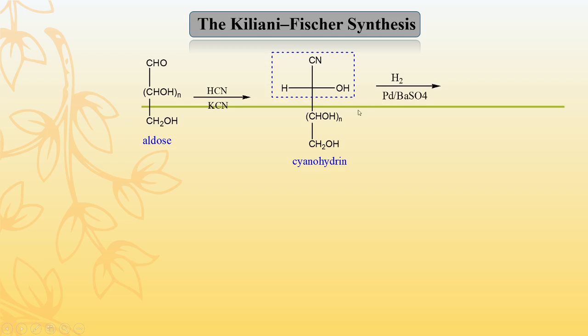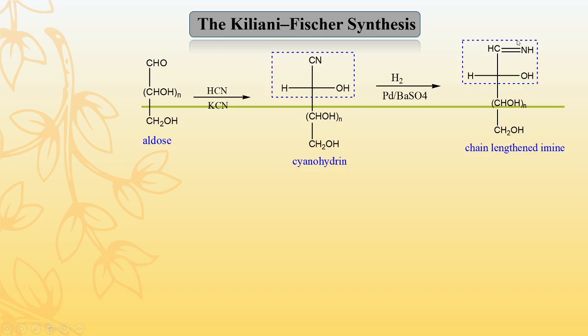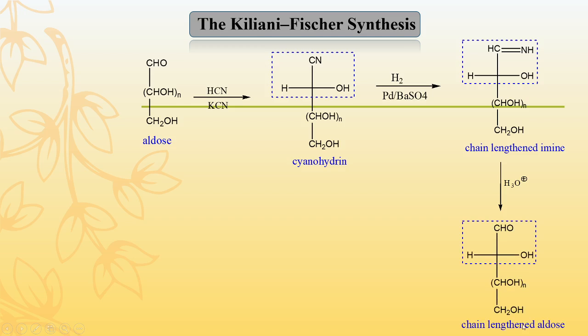And after the formation of this cyanohydrin, this can be reduced by H2/Pd-BaSO4, and this CN is converted into an imine as a product. That means here it is a chain lengthened imine. 1 carbon atom is extra in this step, and after the hydrolysis, here we get an aldose molecule.